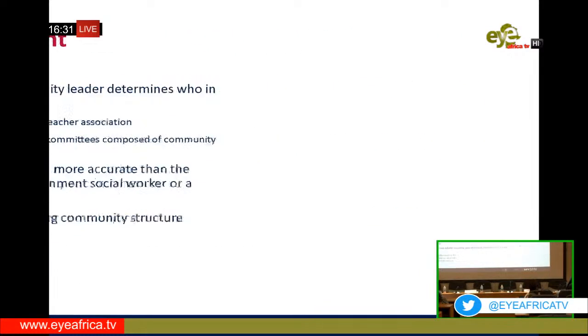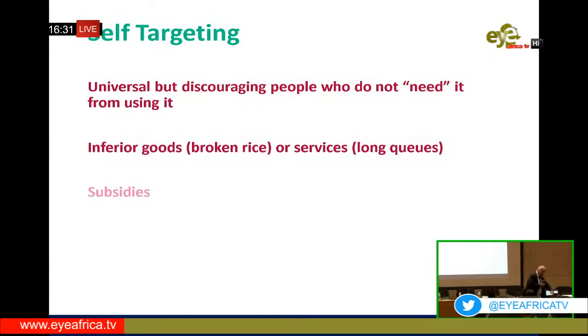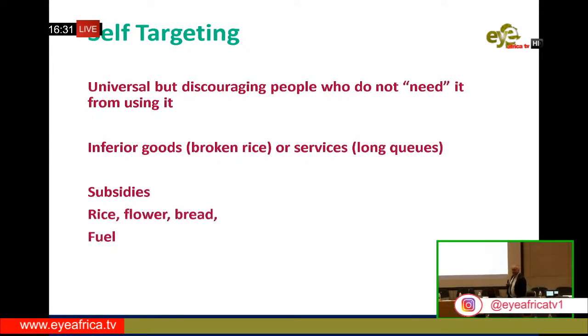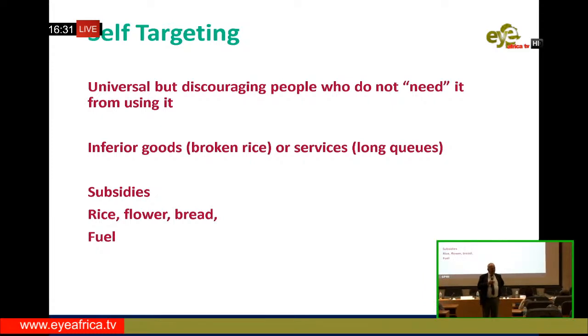So, okay, we use it, but the success is not great. And then finally, there is self-targeting. Self-targeting, you say, okay, we don't want to target. We let people decide themselves whether they take the benefit or not. That works to a certain degree if you manage to define the product, and it's usually done with in-kind assistance. So you give food to people.